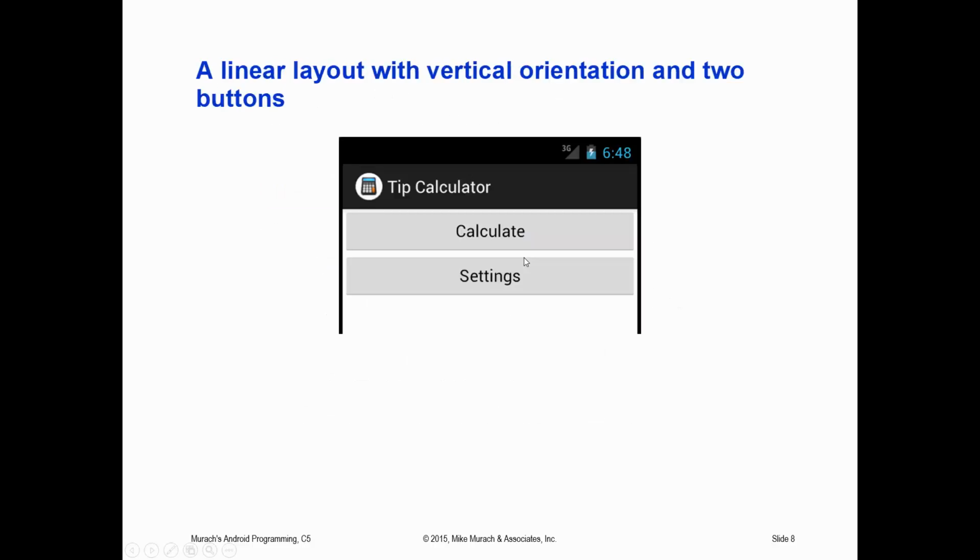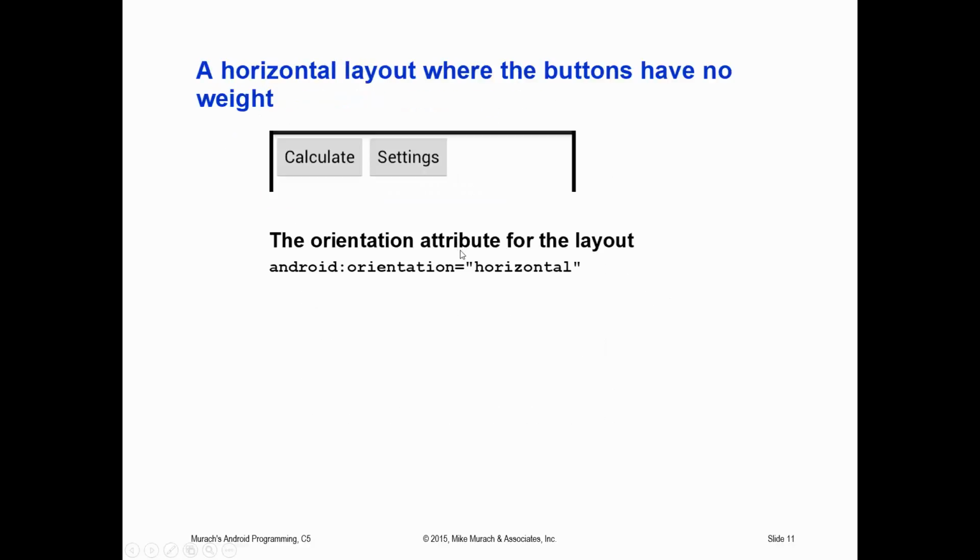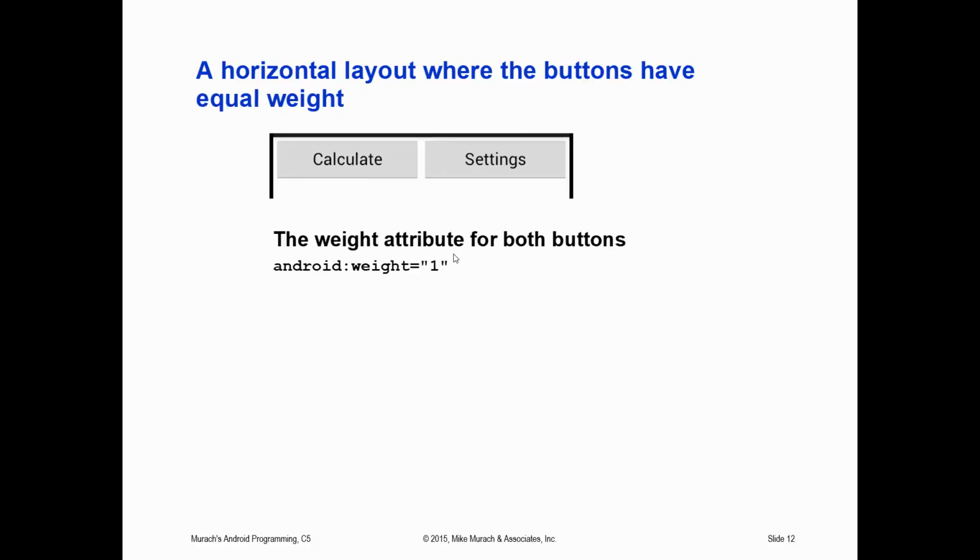So again, here was the vertical, here's the horizontal. The different attributes and its child widgets control the appearance of the user interface. With this horizontal one that you see right there, the buttons are displayed in a horizontal line. In other words, they're displayed in the same row if possible.